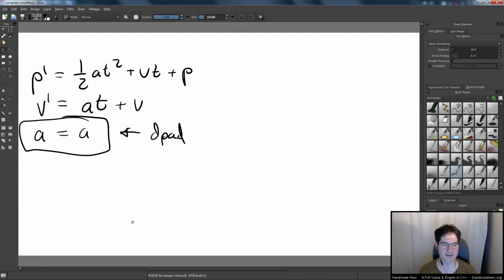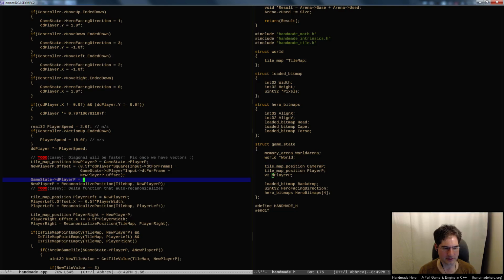It's just the AT plus V. So I literally type that in. There's my A, there's my T, and then I need my old V, which is right there. Okay, and that's pretty straightforward. There really isn't all that much to it. That is the entirety of the actual code that we would need to do the update.